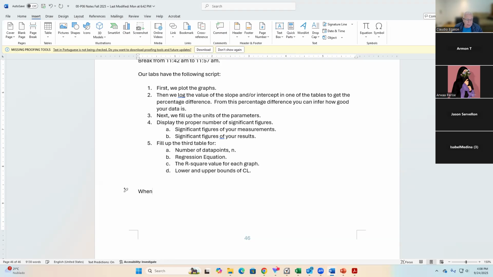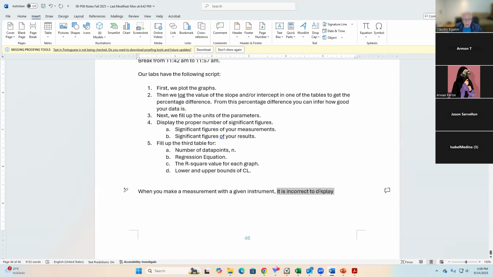Okay, so when you make a measurement with a given instrument, it is incorrect to display just any number of figures.